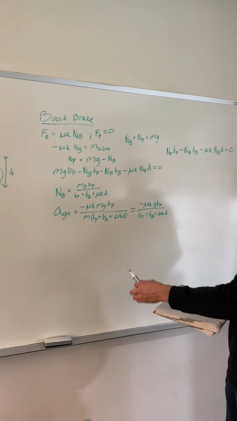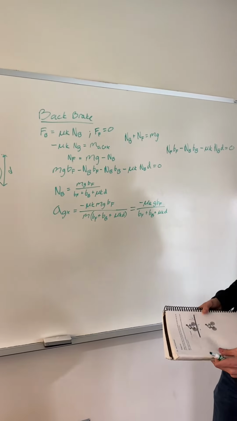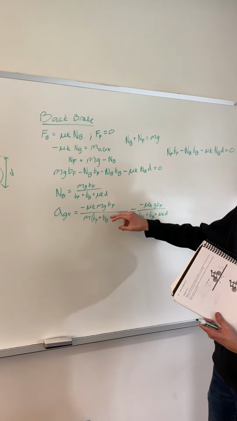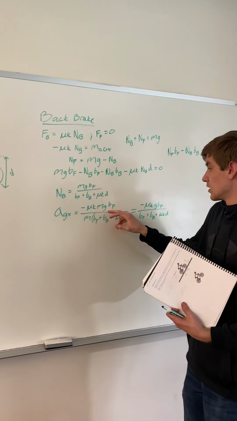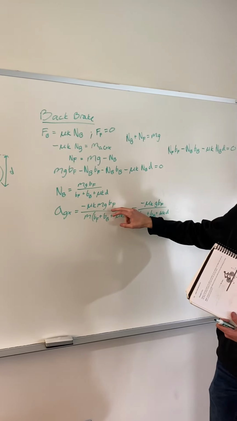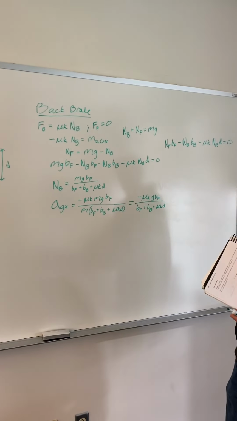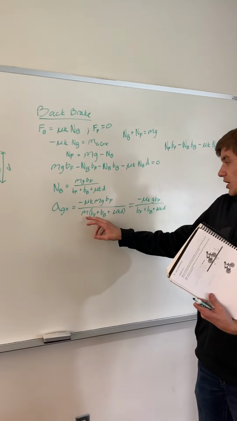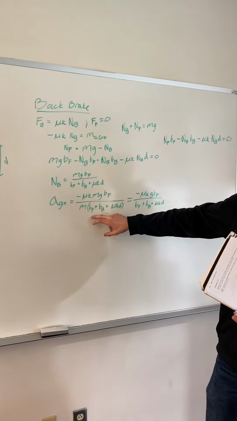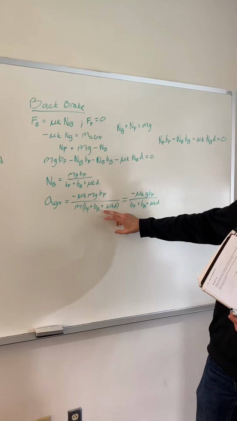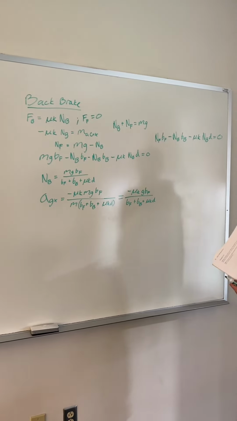Now integrating all of these equations to solve for our acceleration in the X direction, it's going to give us negative mu k, because we have to keep in mind the friction is going in the negative direction, times mass, times gravity, times the distance of the front brake, divided by mass times front brake distance plus back brake distance plus friction force times D distance.